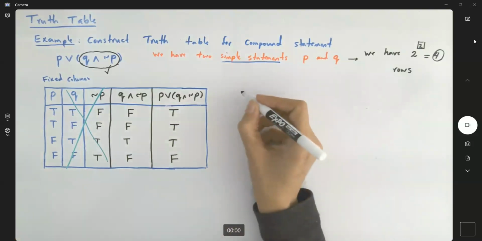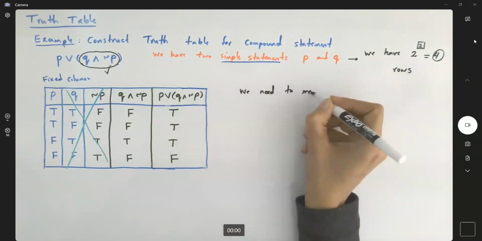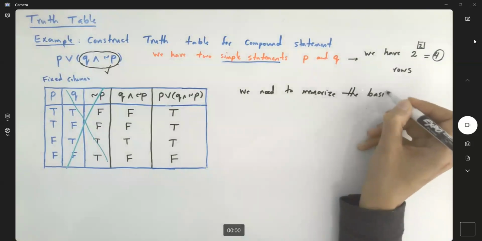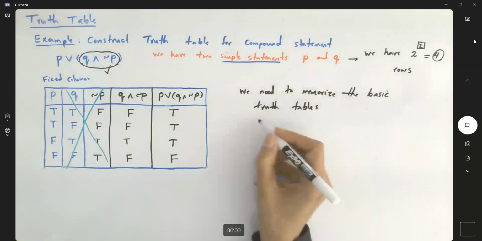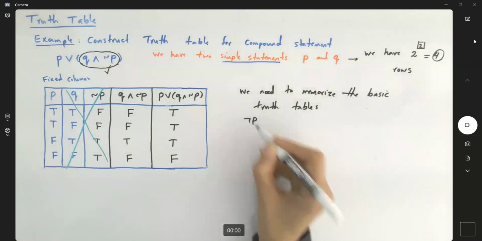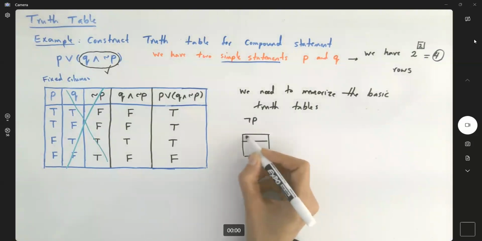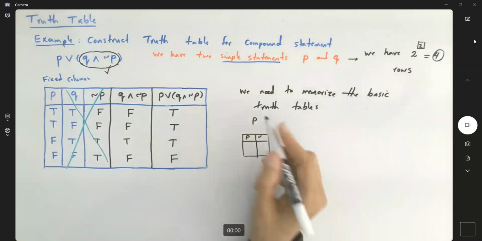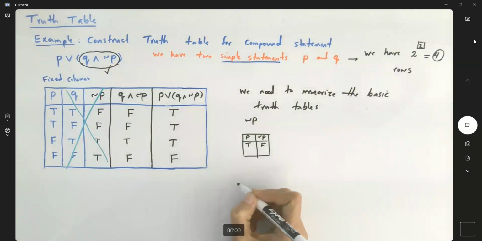So remember that. We need to memorize the basic truth tables. Like what? Like the negation of P. If you have statement P and you want to form not P, if P is true, not P is always false. If P is false, not P is true.